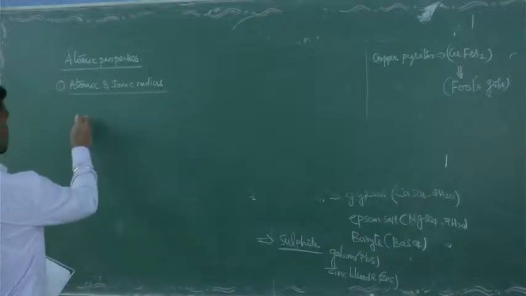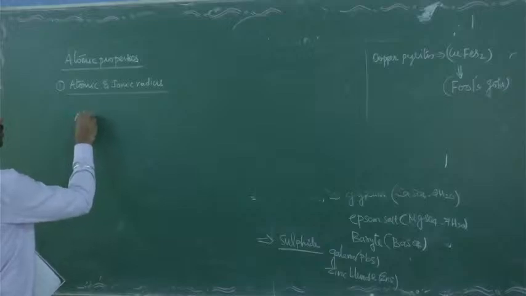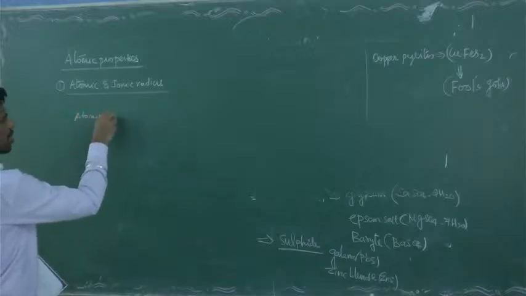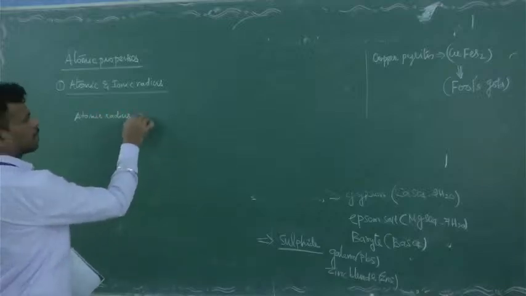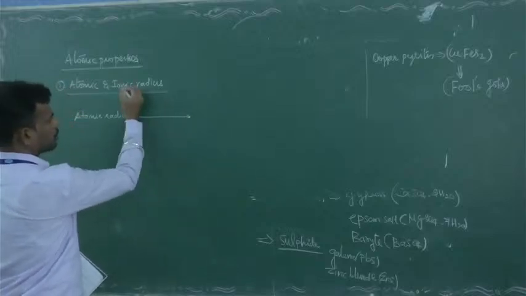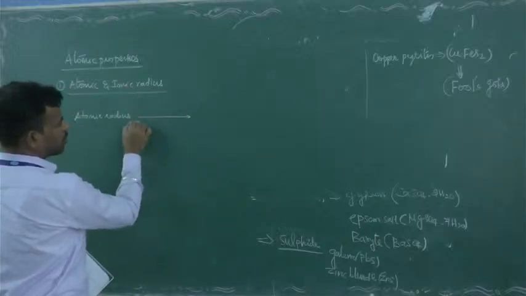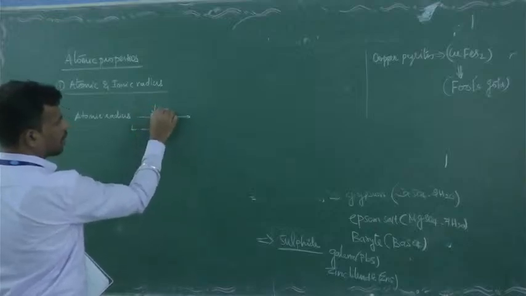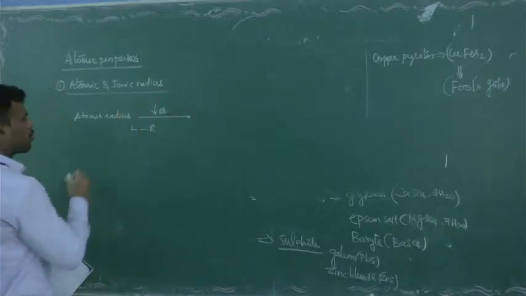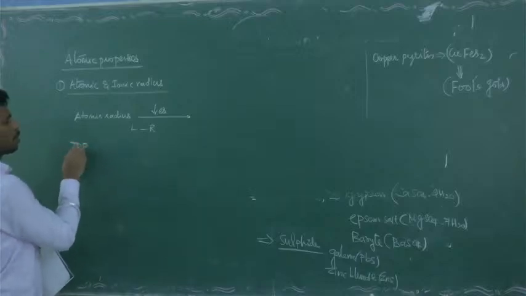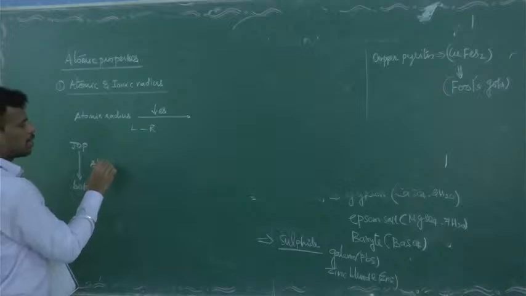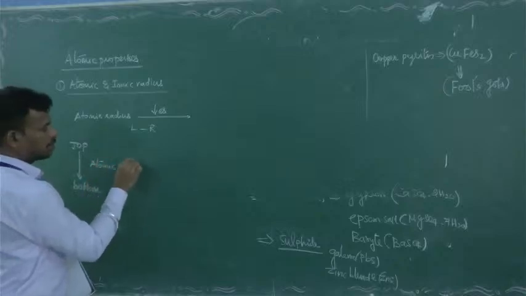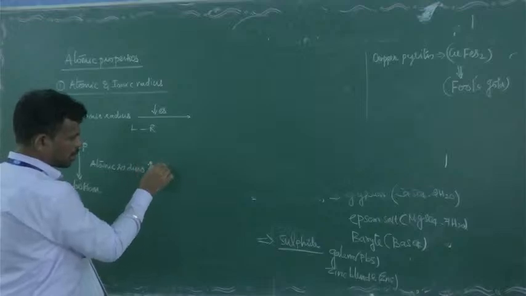So atomic radius, or atomic size: if you move from left to right, atomic radius decreases, whereas from top to bottom along the group, atomic radius increases.